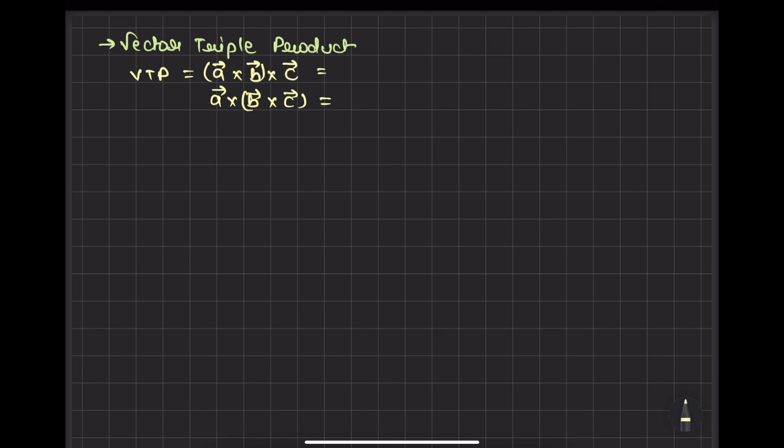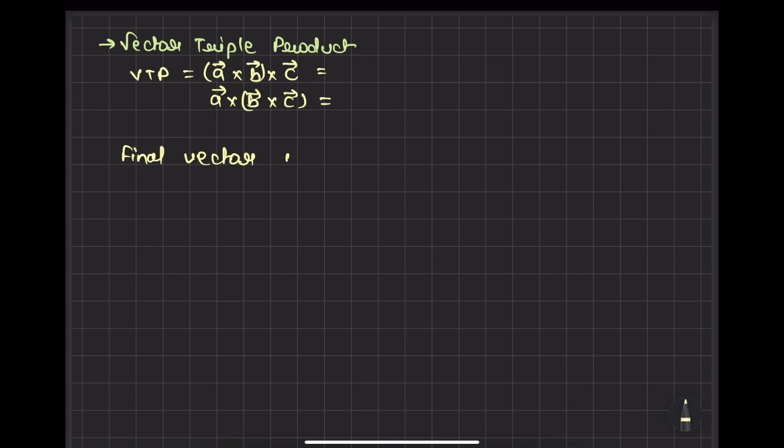Now look at this. Suppose that we are doing the cross product. What could be the final vector? The final output will be 100% a vector. In scalar triple product, the final product is a scalar quantity. In this case we will have a vector quantity.